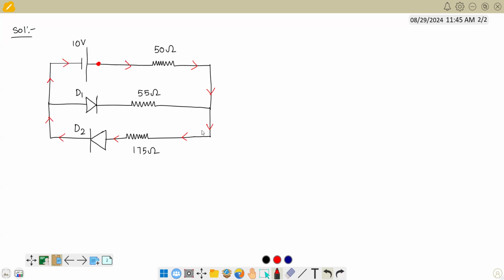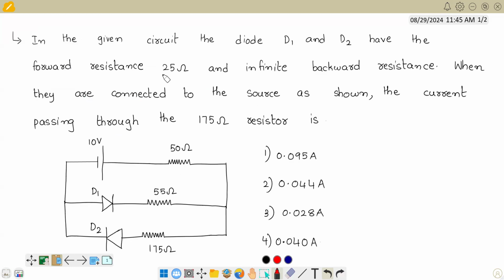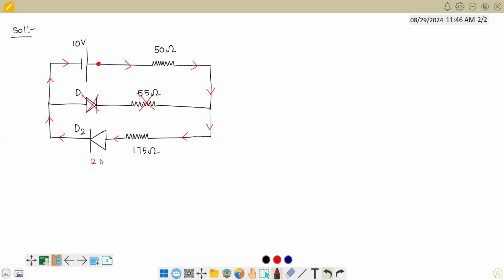And once we understood the current flow diagram, we can directly remove this, since this is in reverse bias. And it is given in the question that this diode in forward bias offers 25 ohm forward bias resistance. So in place of this, we can write a 25 ohm one.